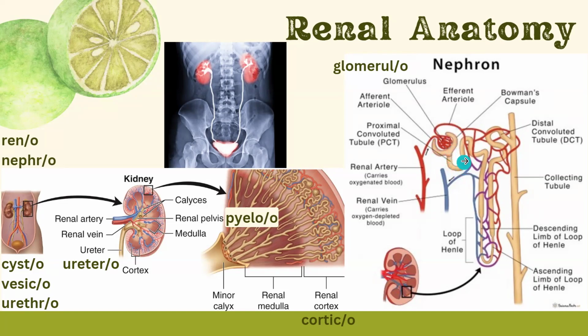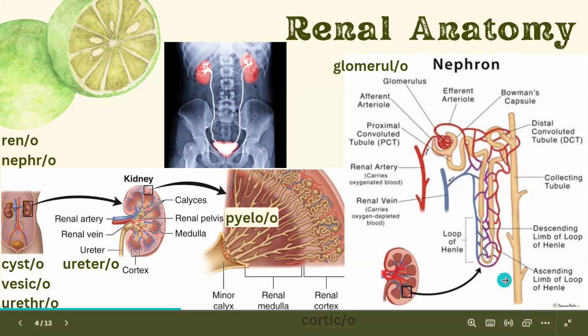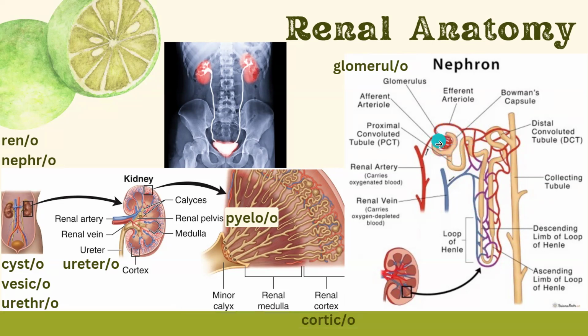And then you see we have a bit of a loop through here. And eventually we're going to go down through our tubule. So like I said, fluid, or really water and other substances, are forced out here. Our Bowman's capsule is going to collect it.